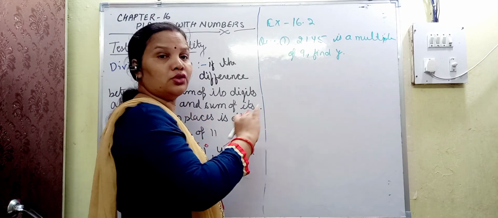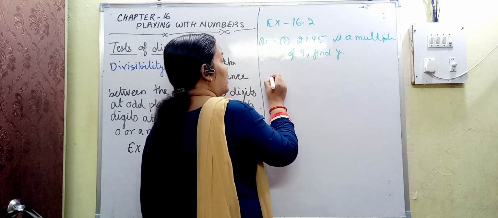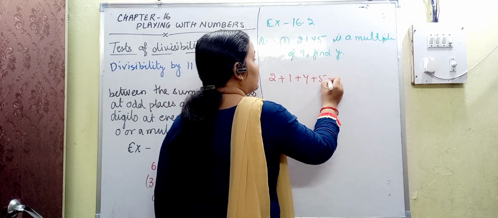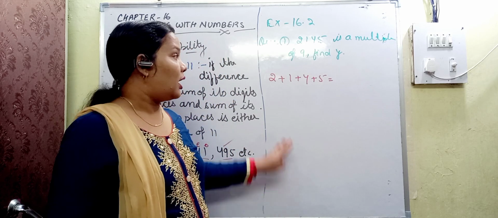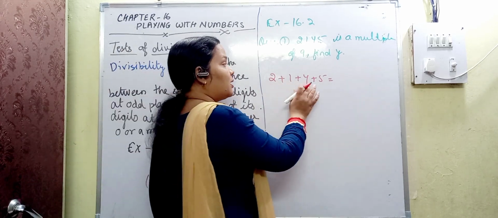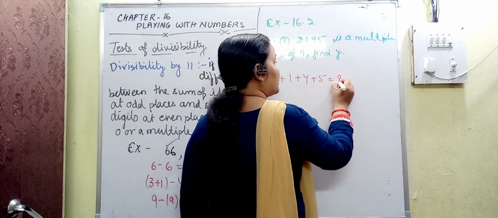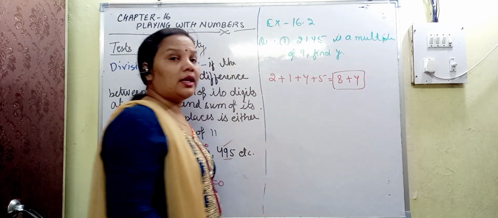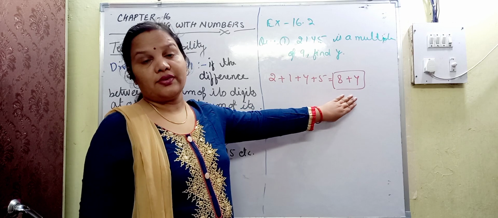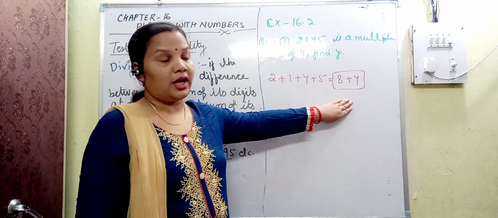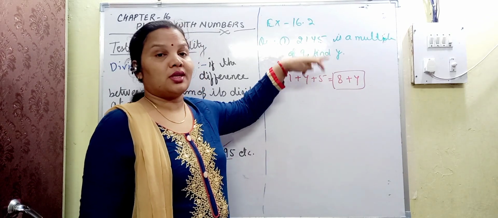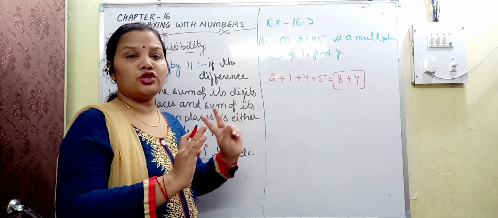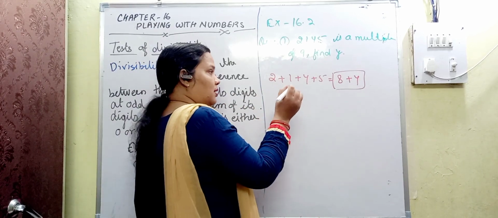So what will you do? You just add it. You add all the numbers: 2 plus 1 plus Y plus 5. Now after adding, 2 plus 1 plus 5 plus Y is what? It is 8 plus Y. Now, because the number given to you is divisible by 9, the sum of these digits can be any multiple of 9.